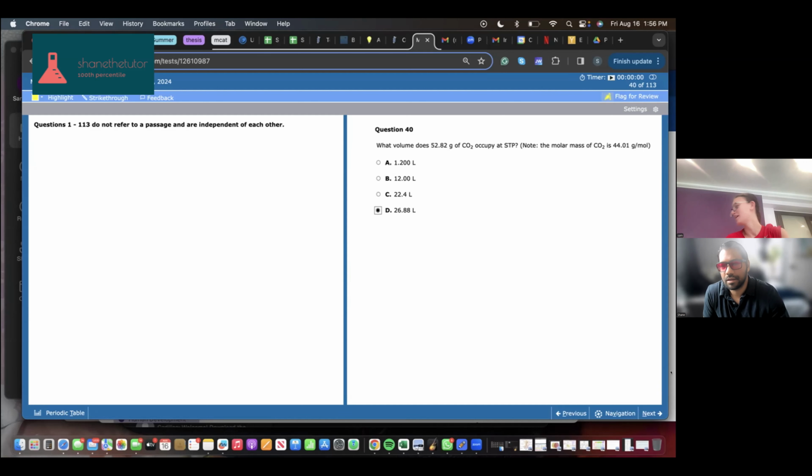There was some kind of calculation that I did here. I don't know where it is in my booklet. So for this one, you can use the fact that 1 mole of ideal gas at STP is what volume?